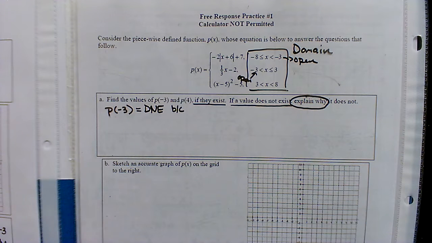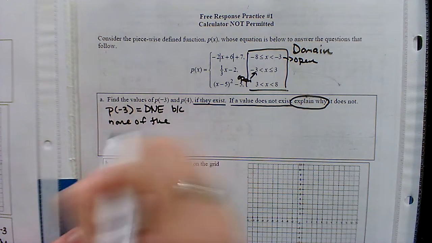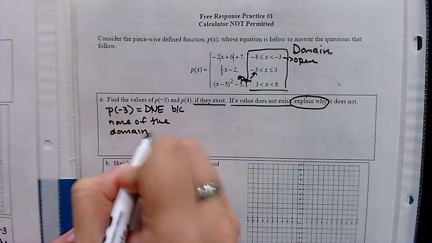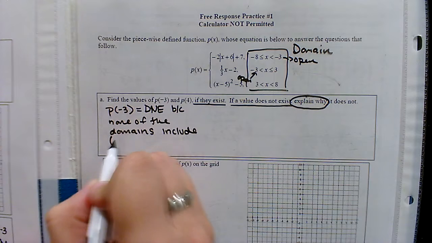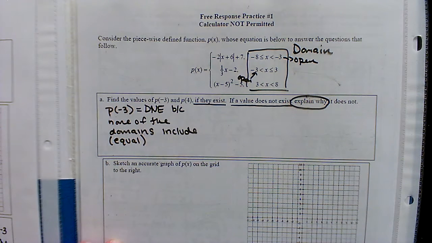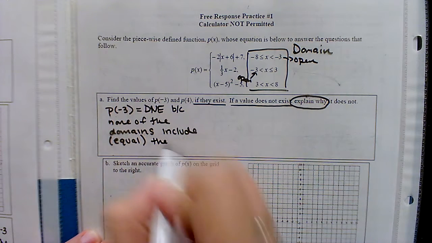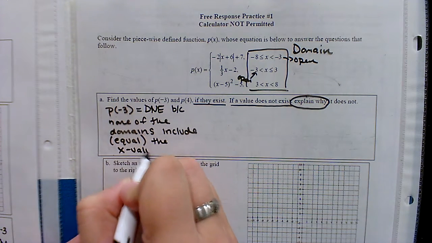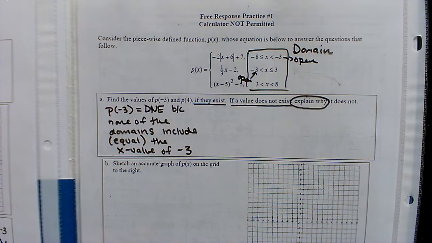All right, good, Hannah? None of the domains include -3, because none of the domains include, you could say equal, because we don't have that equal bar, whatever terminology you want to use, because none of the domains include the x value of -3, something like that.